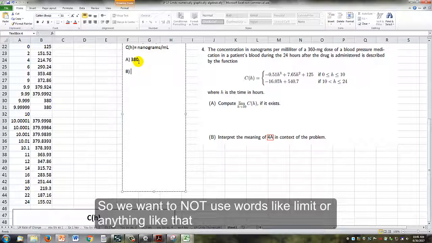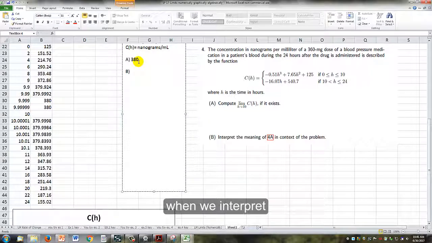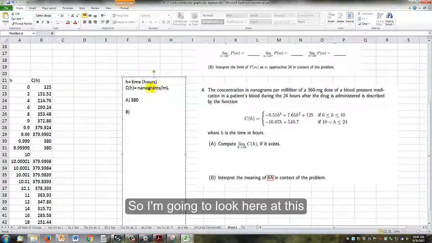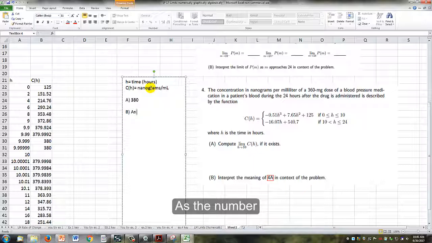So we want to not use words limit or anything like that when we interpret. So I'm going to look here at this as the number of hours approaches 10 hours.